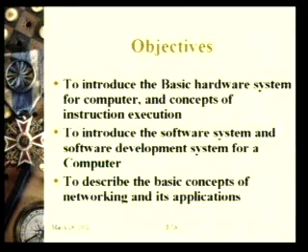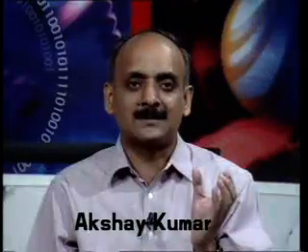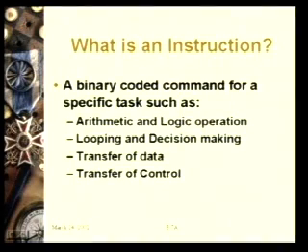To begin with, how do we define a computer system? Well, if I want to define a computer, what is the first thing I would like to define about the computer system? The first thing we would like to define is the instruction. What do we mean by instruction? An instruction is a binary coded command for a specific task, such as arithmetic and logic operation, looping and decision making, transfer of data and transfer of control.